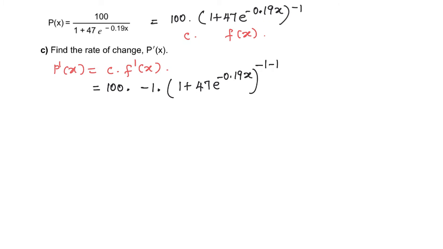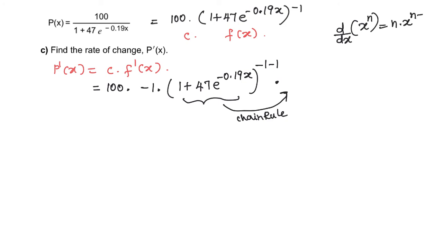Subtract 1 from the exponent, the inner function stays the same, then multiply by the derivative of the inner function. That is the chain rule. First I applied the rule x power n, that is n times x power n minus 1. That is the rule I used. Then I'm using the chain rule.